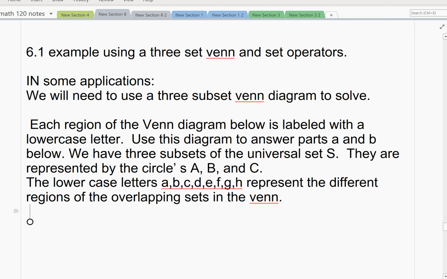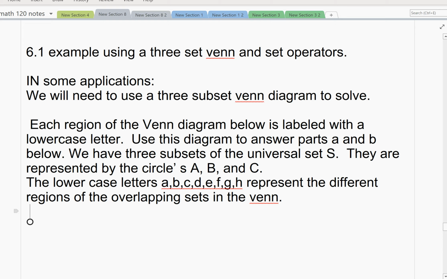This is just practicing getting you used to the 3-set Venn diagram and understanding the regions in my Venn diagram, and then using our operators, right? Union, intersection, and complement. In a second I'm going to get to the picture of the Venn diagram with 3 sets.